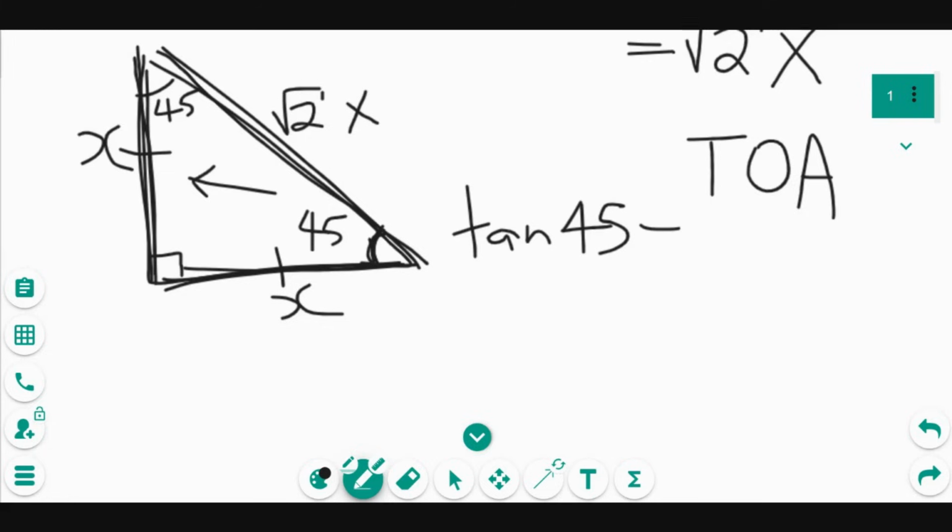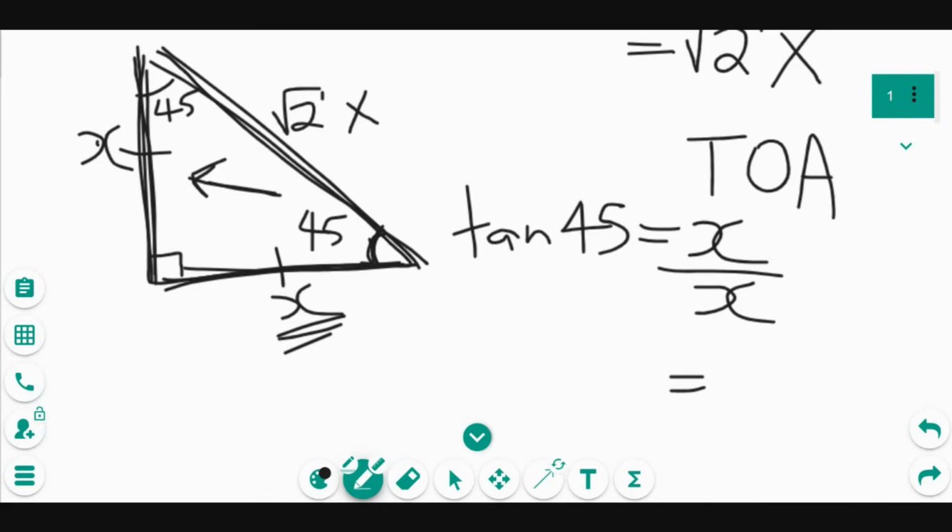So tan of 45 is the opposite, which is actually x, over the adjacent, which is also x. And x cancel out. Yes, when some children cancel out x and x, they remain with 0. No, it's not 0.